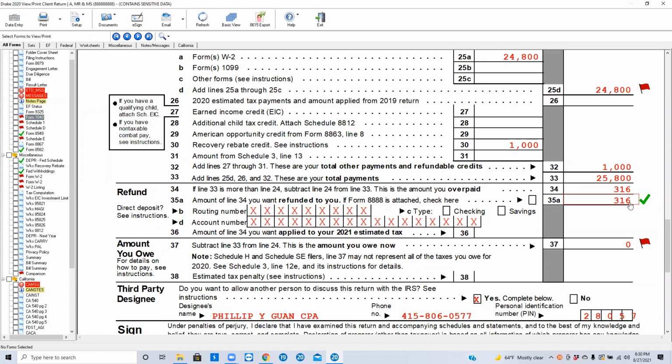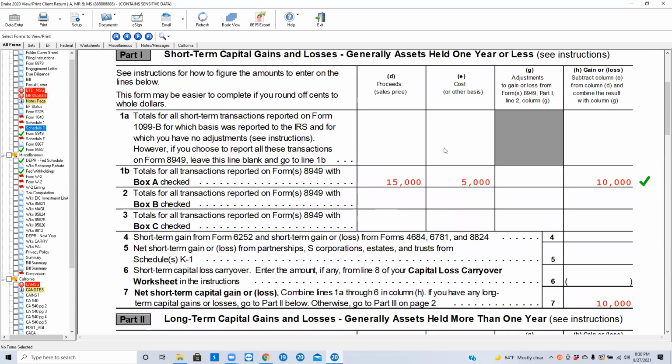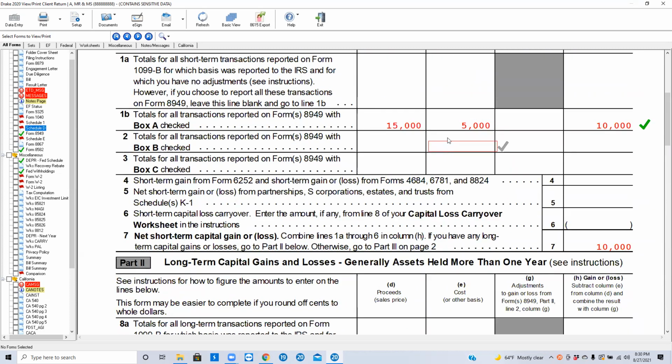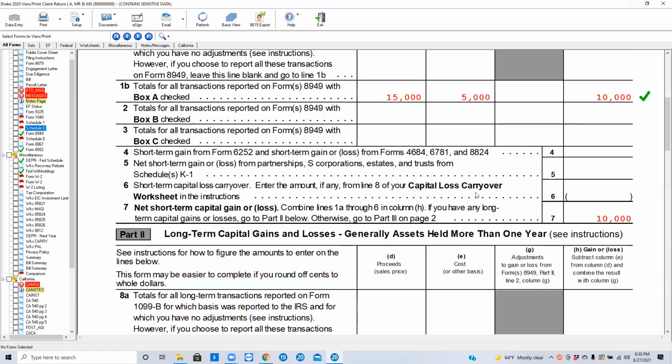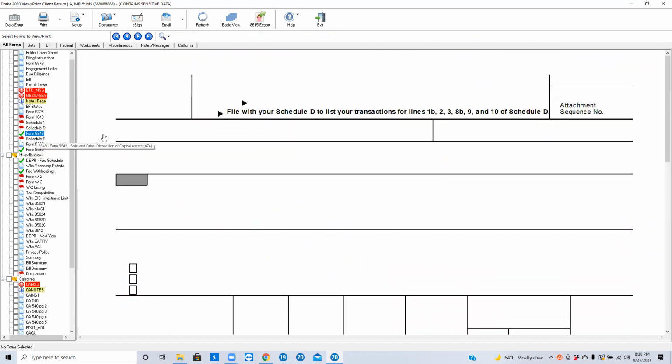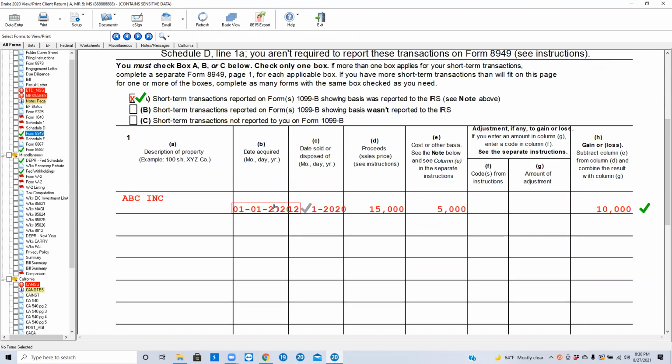316. Now, let's go to another situation. Let's say this person is also very lucky and buys a stock in the same year, on January 1st of 2020, and then on the last day, December 31st, 2020, sold it.